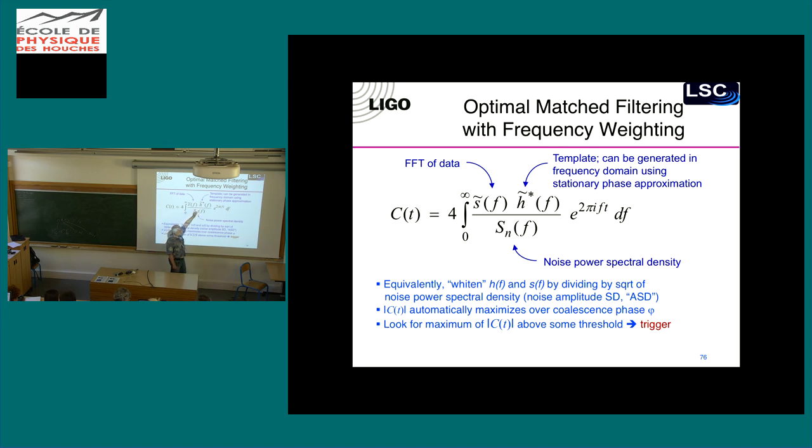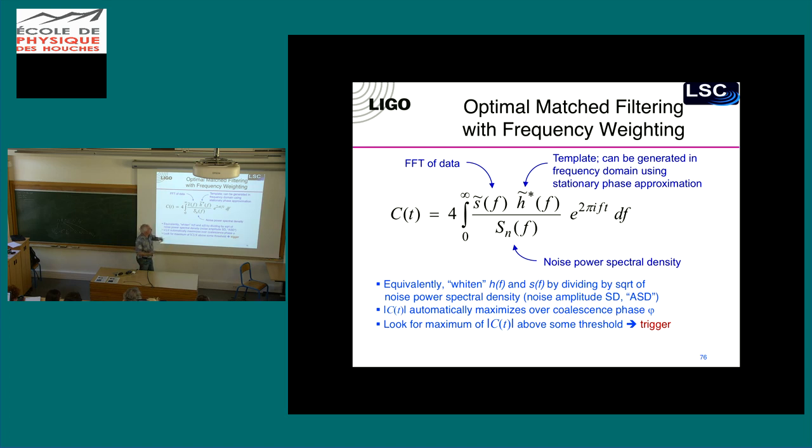But if it isn't normalized, it has to be normalized, which means you would divide by the H star over S integral. You don't need this anymore. And we call that sigma squared, and then the signal to noise ratio is the magnitude of this divided by sigma.